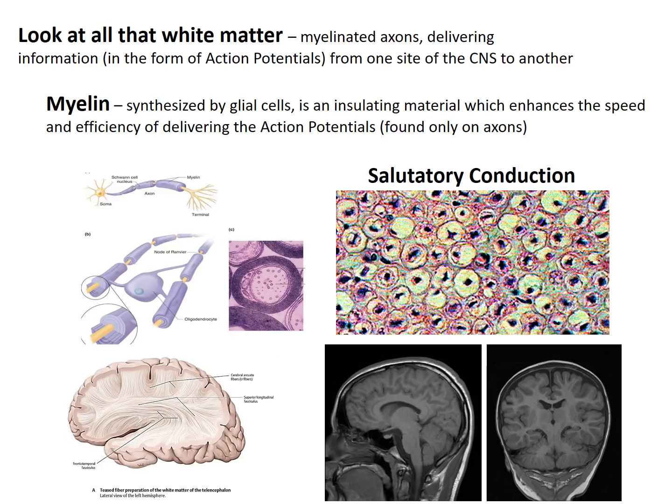Let's focus on the myelin. The myelin surrounds the axons, and myelin is made by special types of glial cells. I'll name them: oligodendrocytes and Schwann cells are the two types of glial cells which make myelin.